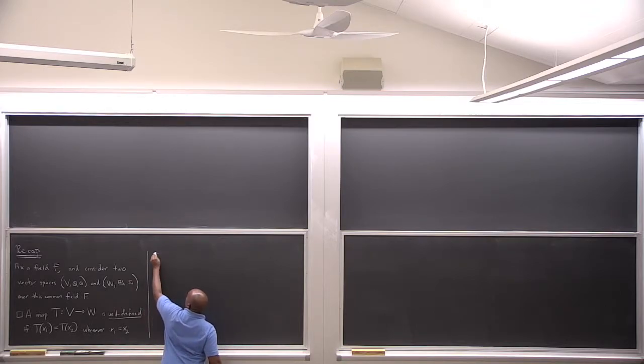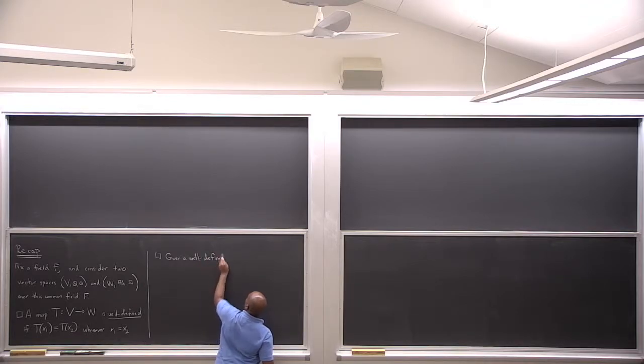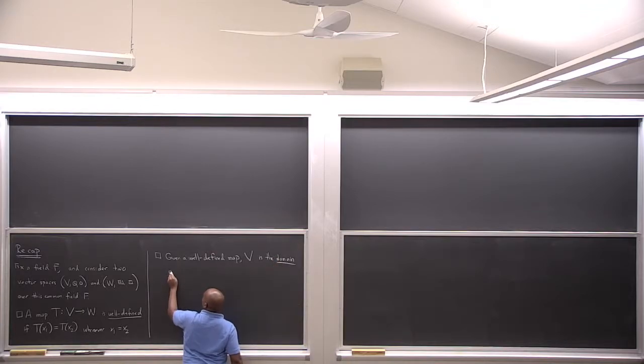In the same sense, given a well-defined map, V is the domain and W is the codomain.